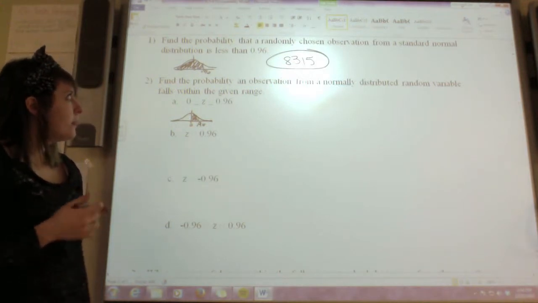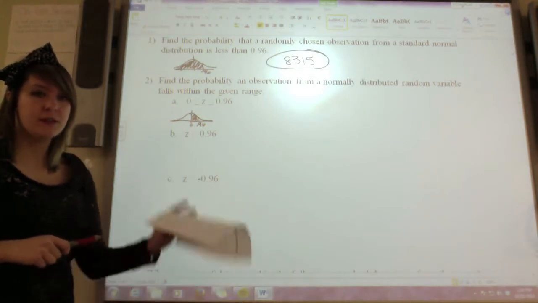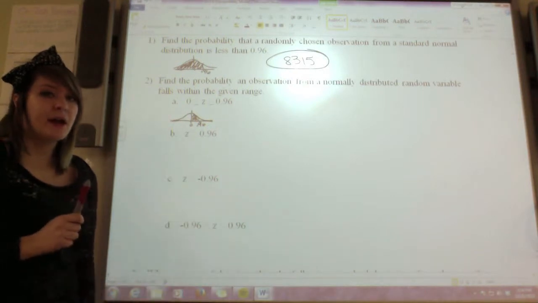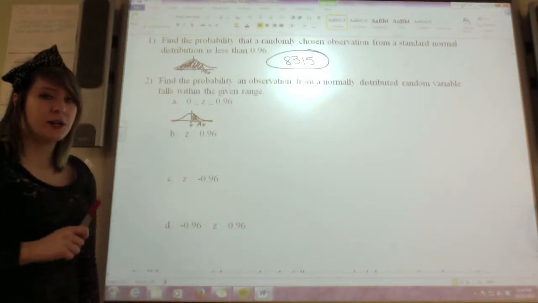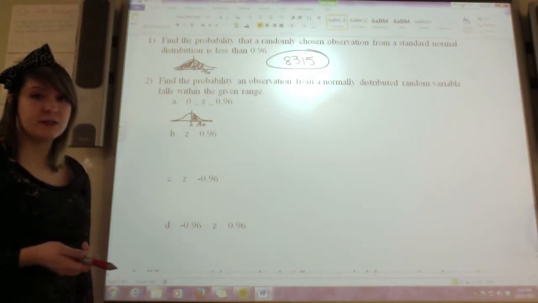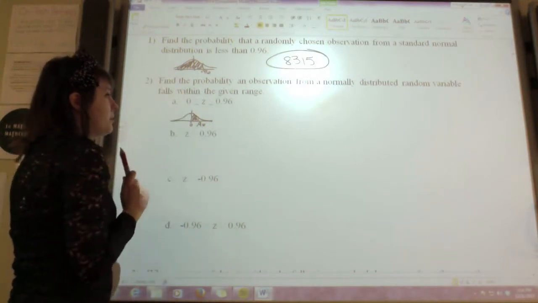Okay, so I cannot just get that from the graph. This table is not going to give me that number. But I can use my knowledge of the standard normal curve and of just graphs in general to figure this out. So I know that everything under that curve was 0.8315.